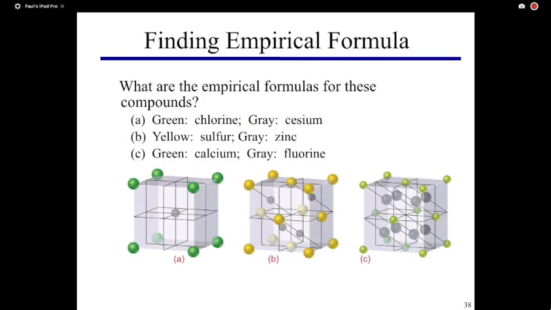All right. A, B, and C. Figure out what the empirical formula is from these drawings. Now this is a whole lot better, right? Because you can actually see what would be in here. So I want A, I want B, I want C.